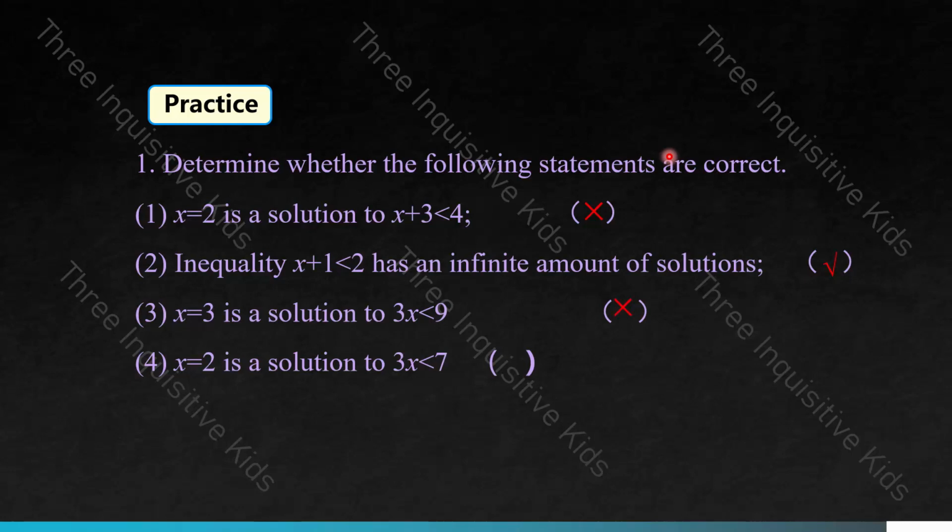No, that is not the case, because 3 times 3 is 9, and 9 is not less than 9. You really have to be precise with the language here. And for number 4, it would be a solution. 2 times 3 is equal to 6, and that is less than 7. Okay, so here, this should be instead a check mark.